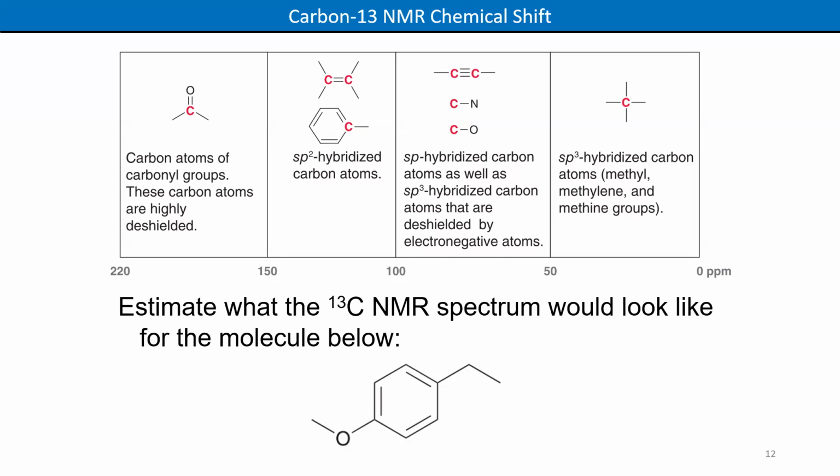Going from left to right, 1, 2, 3, 4, all in that 100 to 150 range. And nothing above 150, no carbonyls here. We have the oxygen, but the oxygen is not a carbonyl.